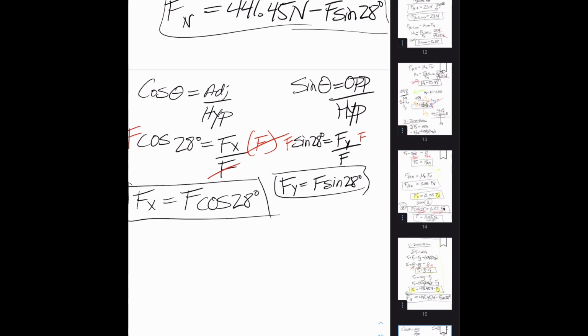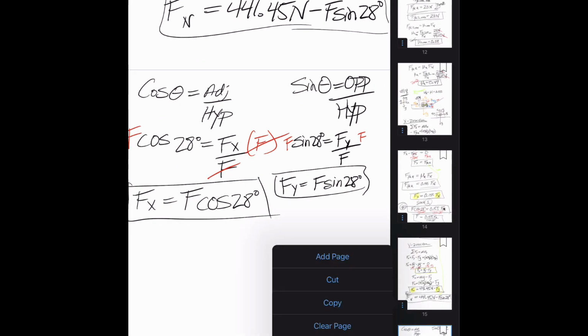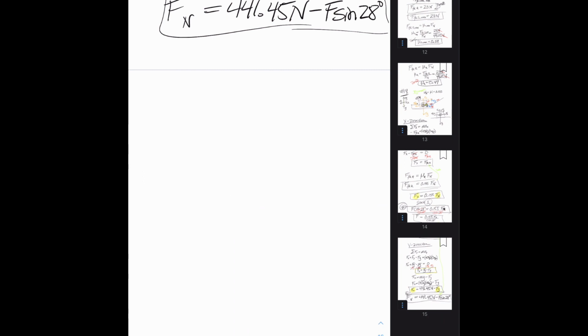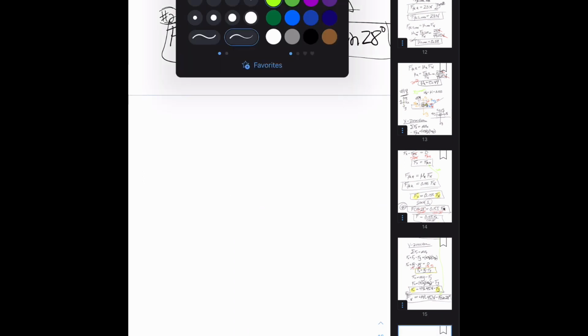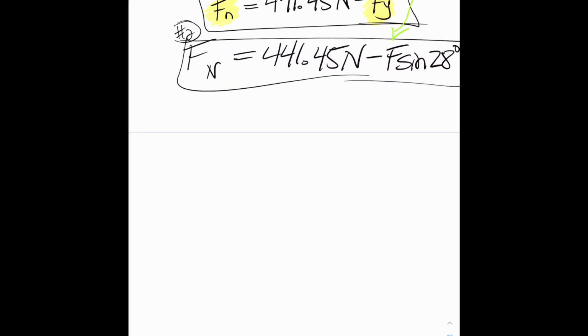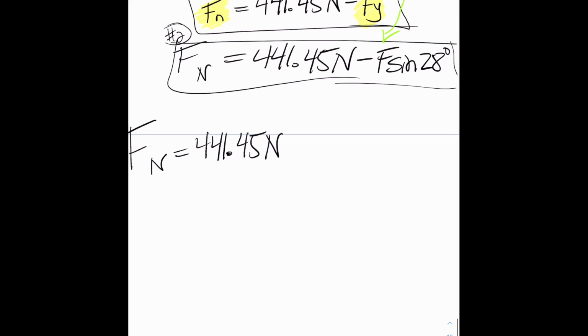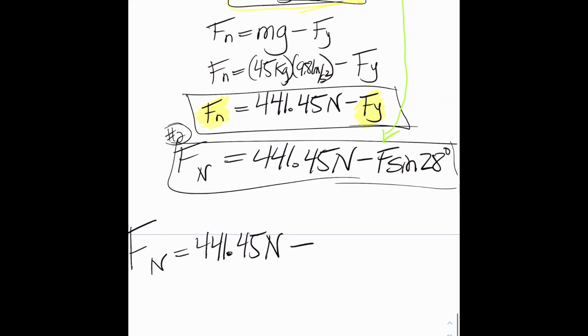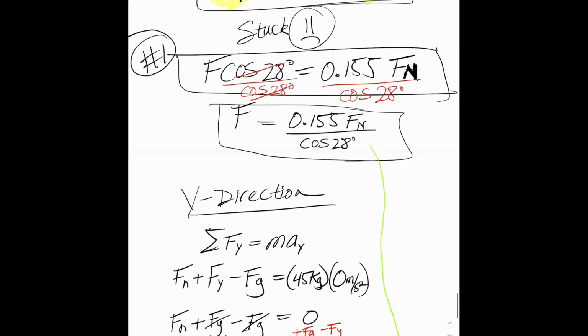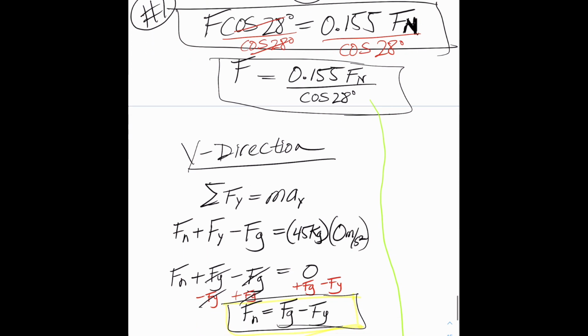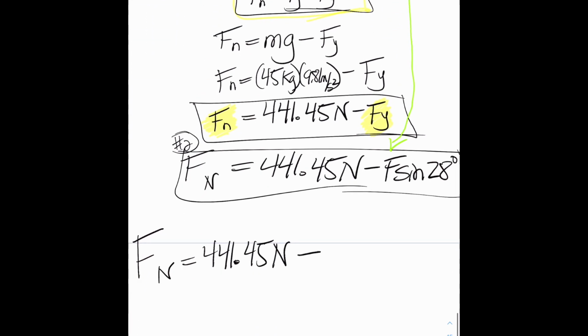Let's add a page right there. And we'll rewrite this as Fn, try and keep this all on the screen, is equal to 441.45 newtons minus, what was that expression? 0.155 Fn over cos 28.